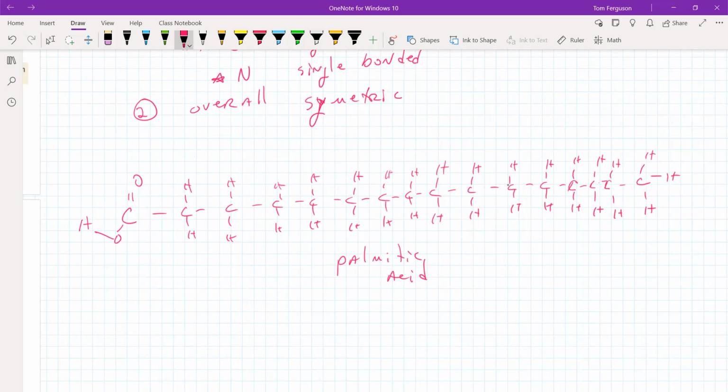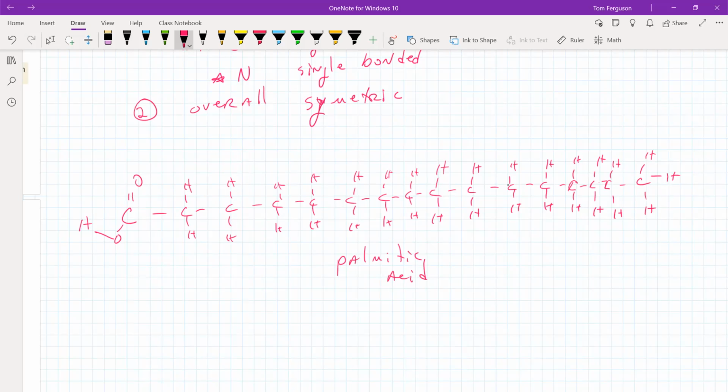Here we have it. Now this is called a fatty acid because whenever you have something called a triglyceride in your body, which is one of the measurements when you do a lipid panel, they measure the amount of triglycerides. And a triglyceride is made up of fatty acids.